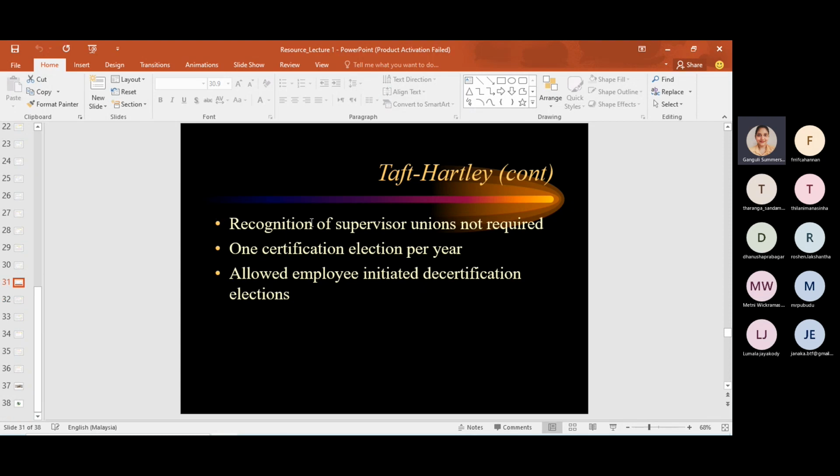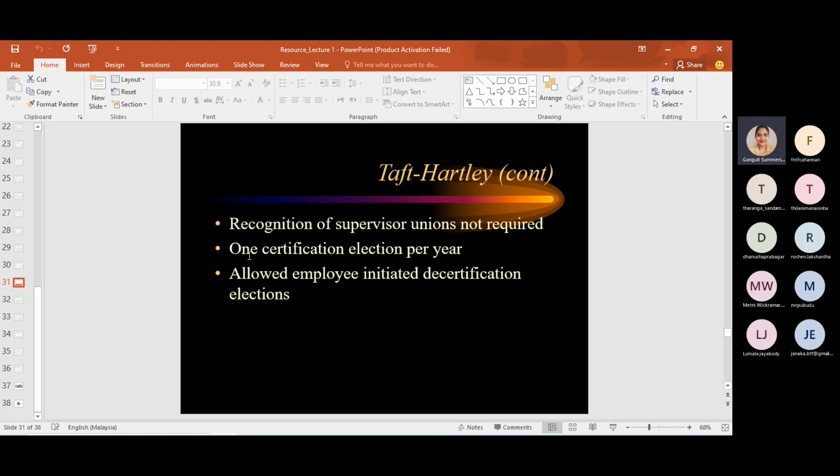Recognition of supervisor unions not required, and 1 certification election per year. So certification election means, guys, for a union, you need a leader, right? When it comes to a labor union, you need a leader to represent the entire union.